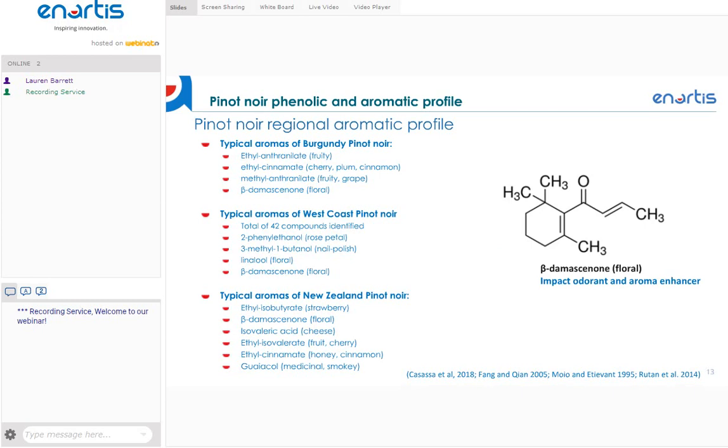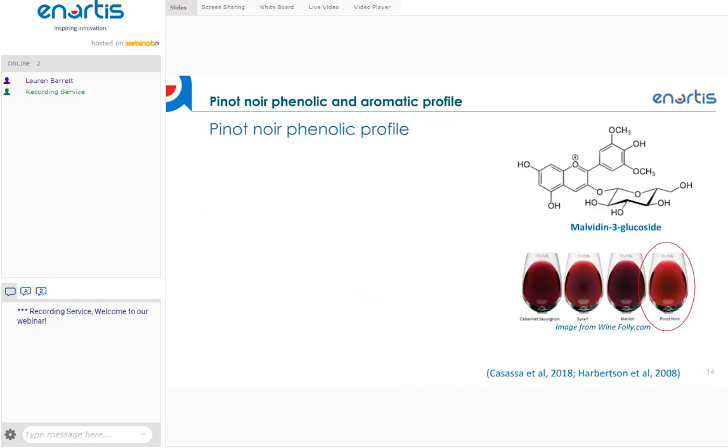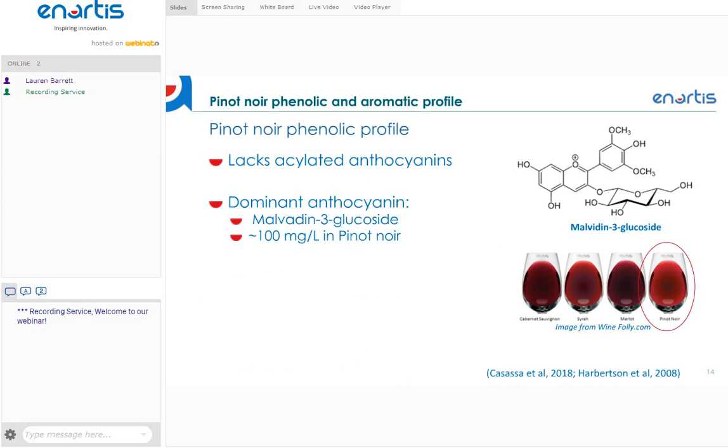Pinot Noir actually lacks acylated anthocyanins. The dominant anthocyanin in Pinot Noir is malvidin-3-glucoside, which is very temperature sensitive. That's important to keep in mind with Pinot Noir fermentations, and it could shift to its colorless chalcone.